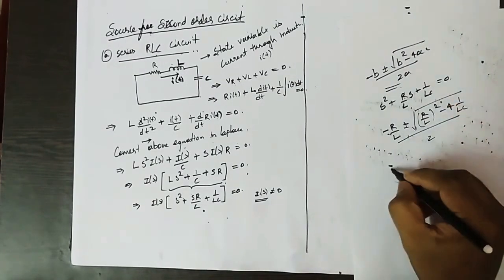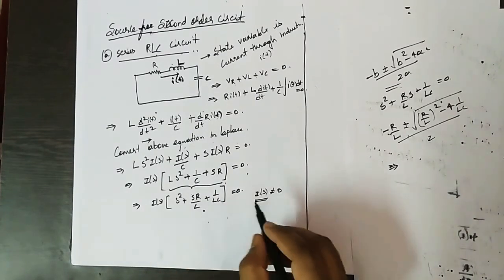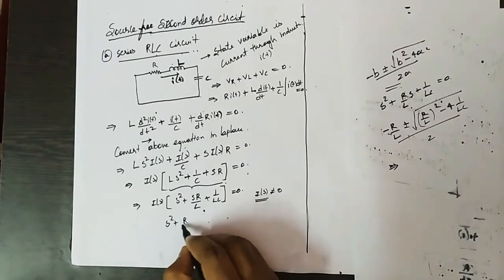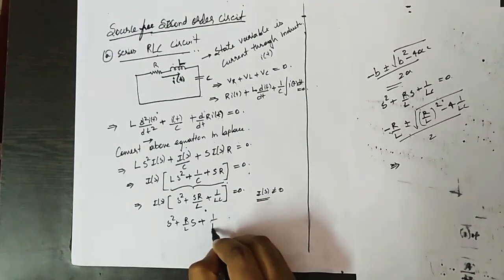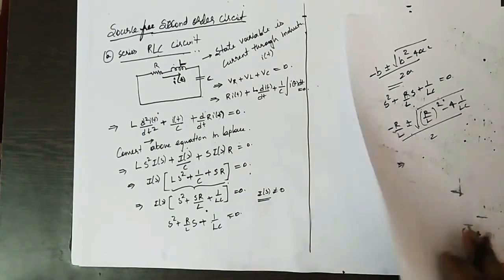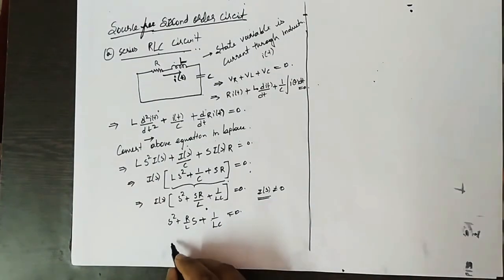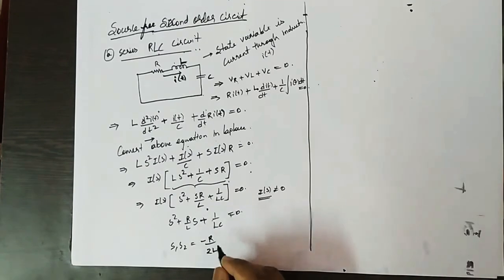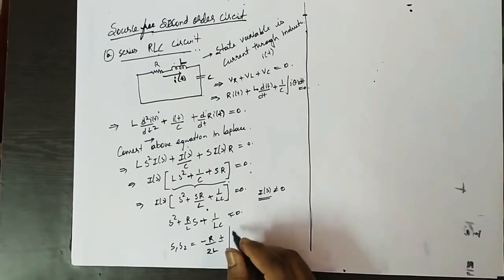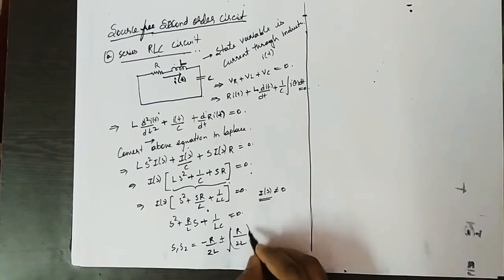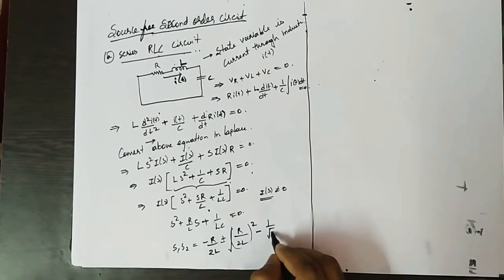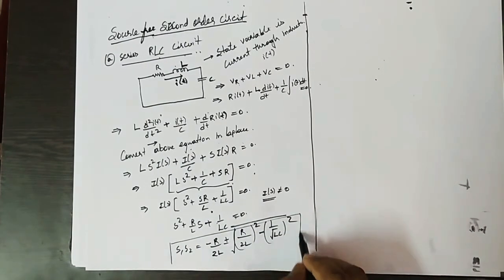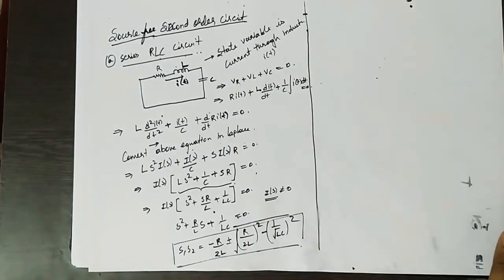So rearranging this equation, if we take the roots of the equation s1, s2, we will be getting the form: minus R by 2L plus or minus root over (R by 2L) whole square minus (1 by root over LC) whole square. So these are the roots. This is the main equation we need to find here.